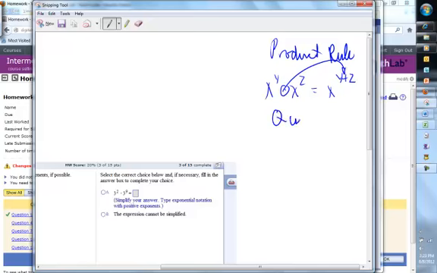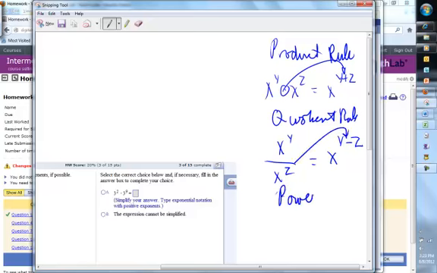The quotient rule says x to the y over x to the z is x to the y minus z. When you divide numbers, you subtract their exponents. And the power rule says x to the y to the z is x to the y times z.